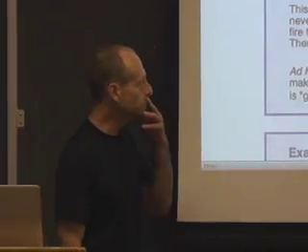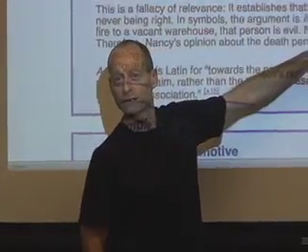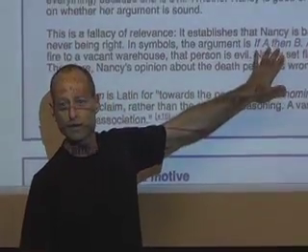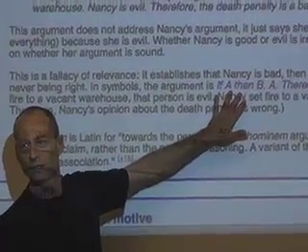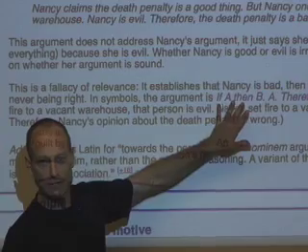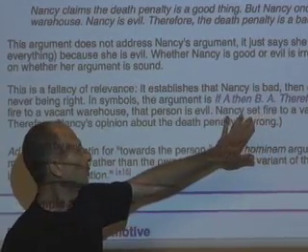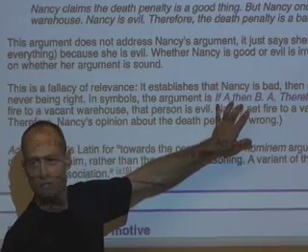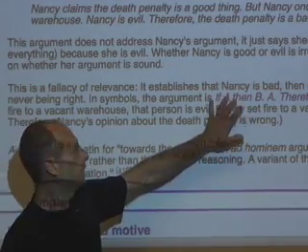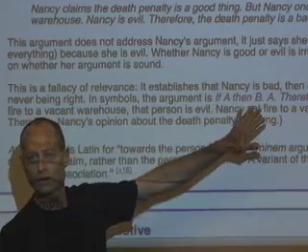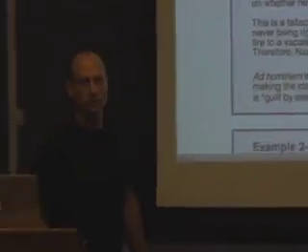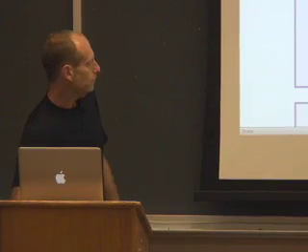So if A, then B, A, we can conclude B. There is a conclusion we can draw. The premises are adequate to draw some conclusion. They just don't allow us to draw the conclusion that the argument's trying to draw. So we have evidence that allows us to draw a conclusion, but that isn't relevant to the conclusion that we're trying to draw. So it's a fallacy of relevance. Does that make sense to everybody? Okay. All right.